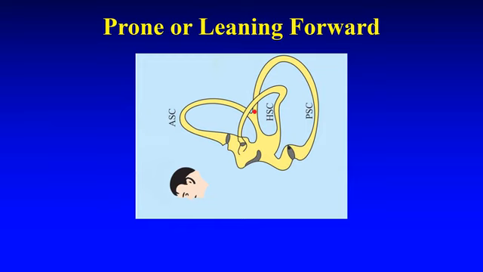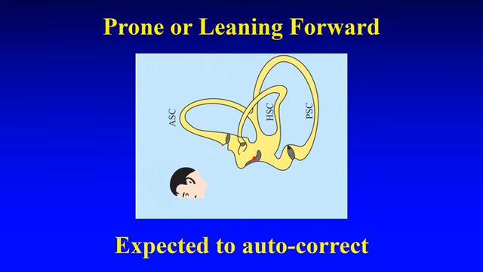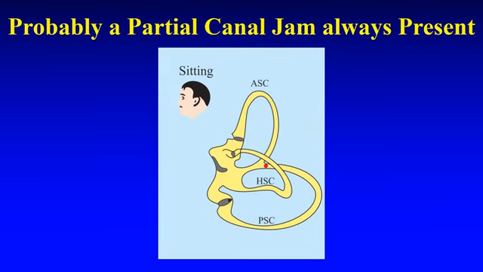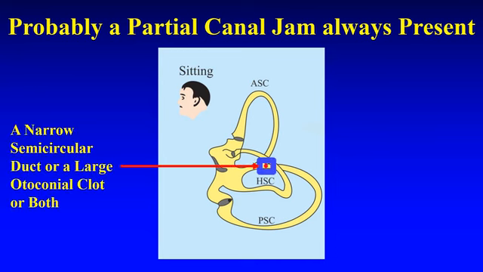Likewise, if the patient bends forward or lies prone, the otoconal debris is expected to fall into the utricular macula and get embedded, leading to autocorrection. But these two things seldom occur. Probably a partial canal jam is almost always present, which may be due to a narrow semicircular duct or a large otoconal clot or both.